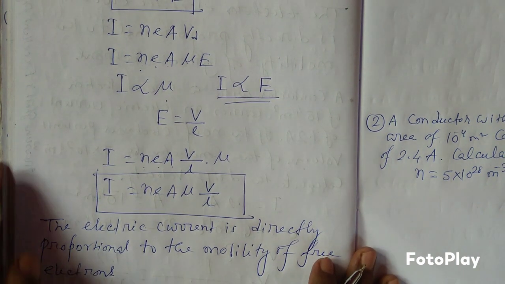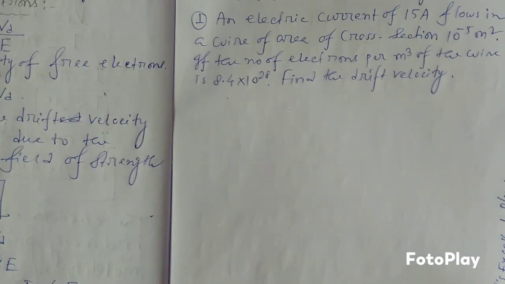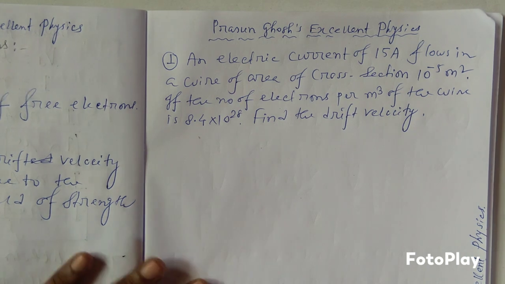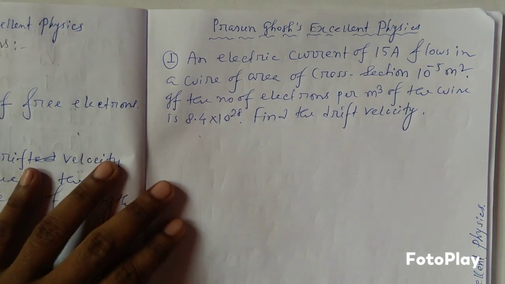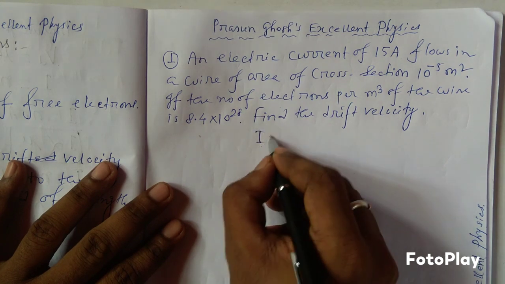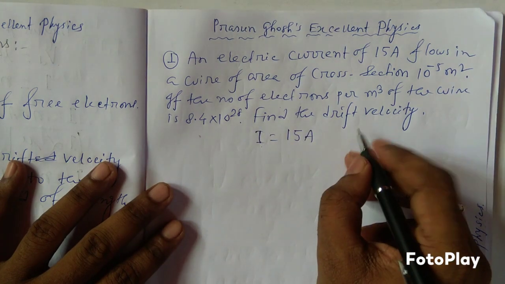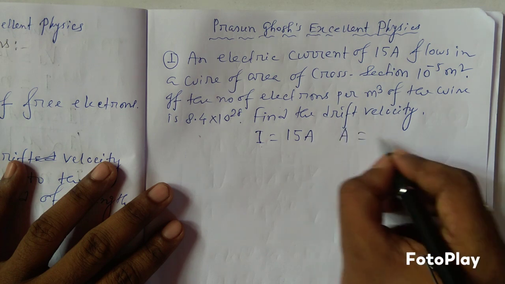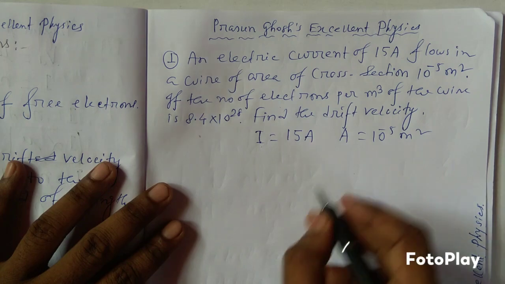So with the help of drift velocity Vd, we can easily calculate different types of numericals. Here I is given, that is 15 ampere, and A is given, that is 10 to the power minus 5 meter square.